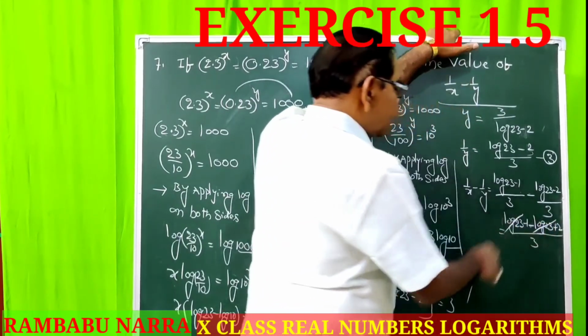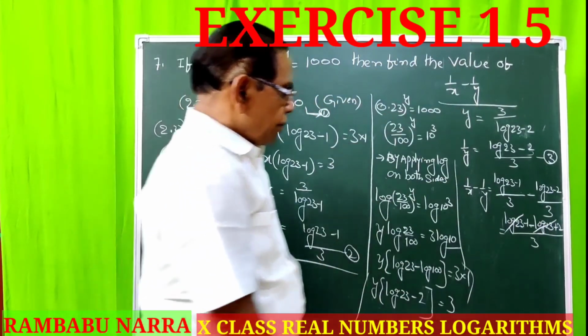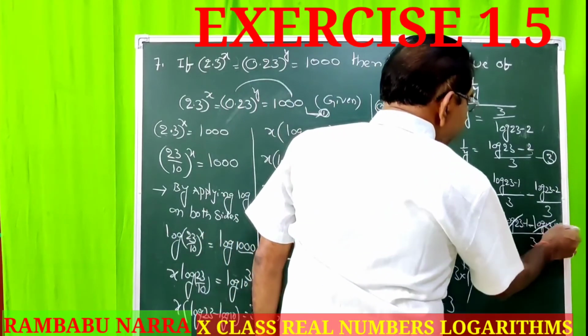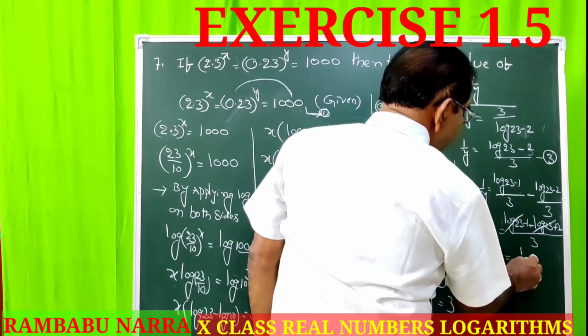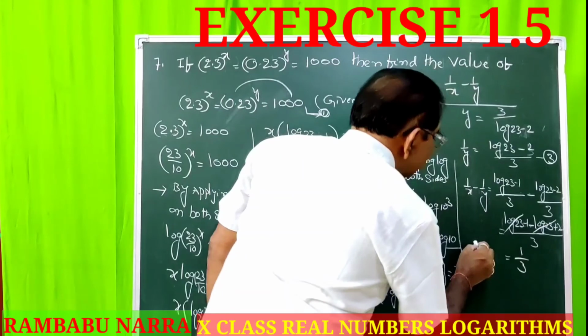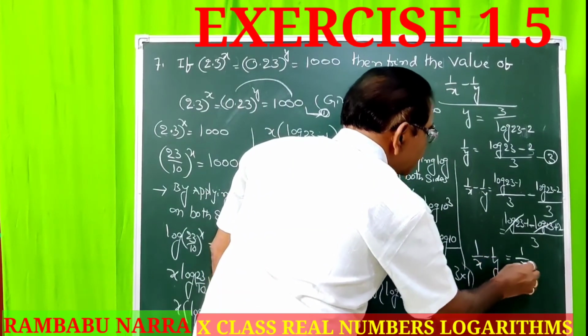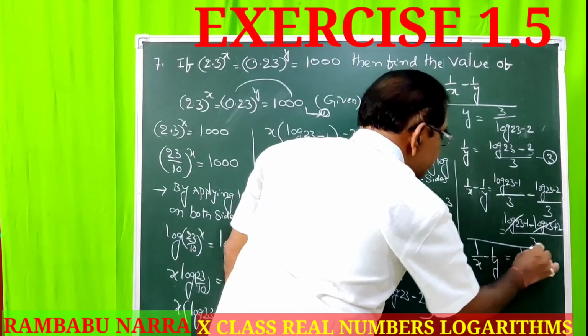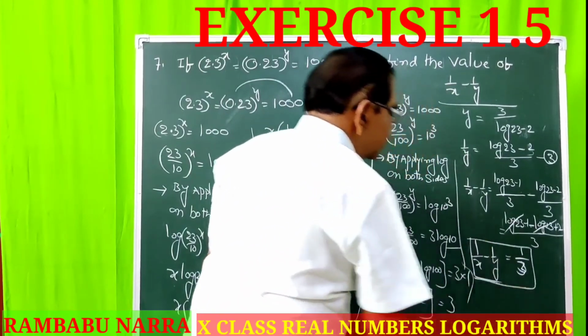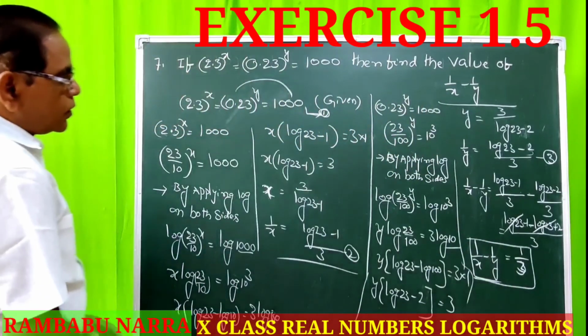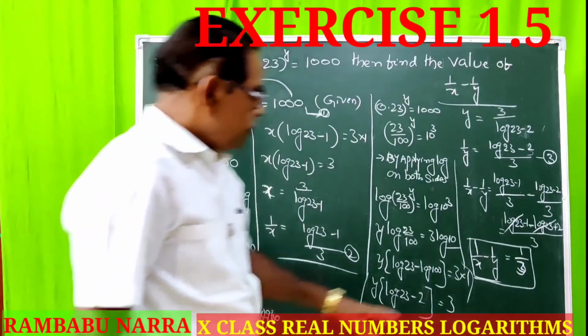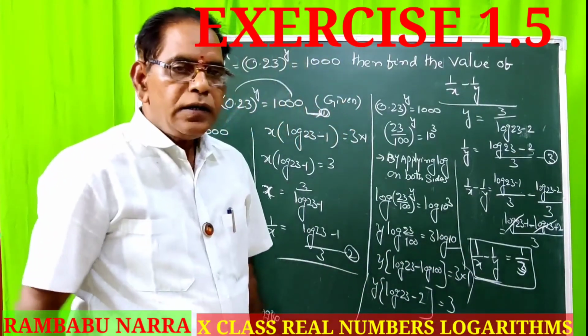Log 23 cancels, minus 1 plus 2 we get 1 by 3. Now we conclude 1 by x minus 1 by y equal to 1 by 3. Therefore, we get the value of 1 by x minus 1 by y equal to 1 by 3.